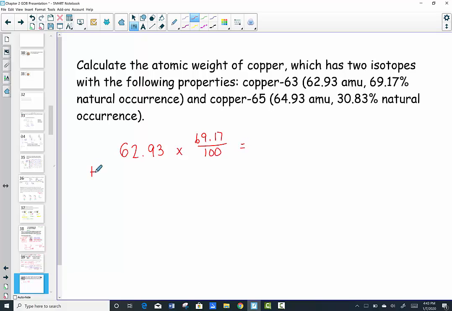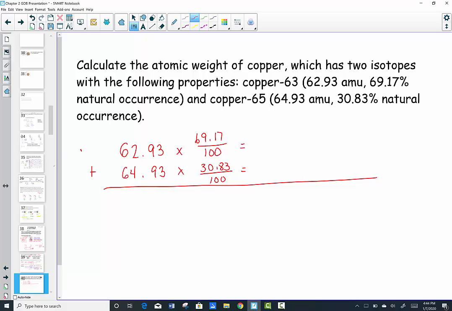A second isotope of copper, called copper 65, has an atomic mass of 64.93 and a relative abundance of 30.83%. Tell me the average mass of the isotopes.